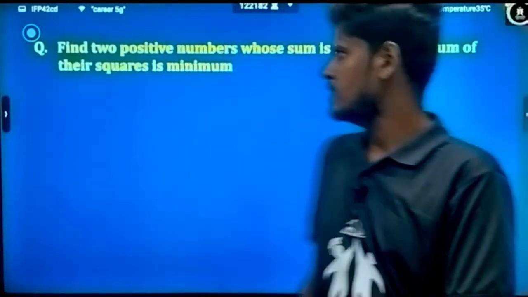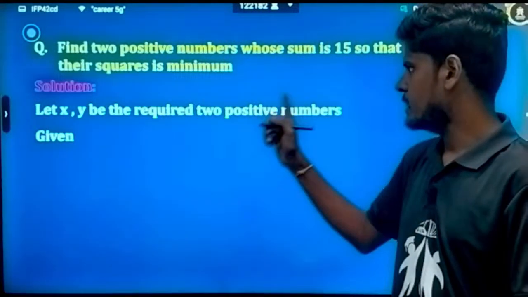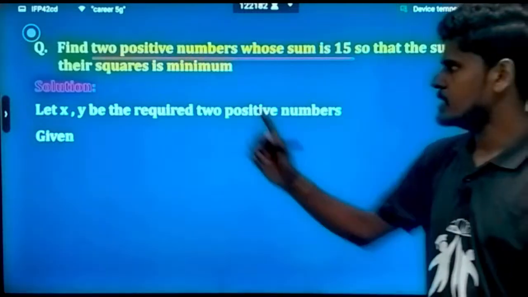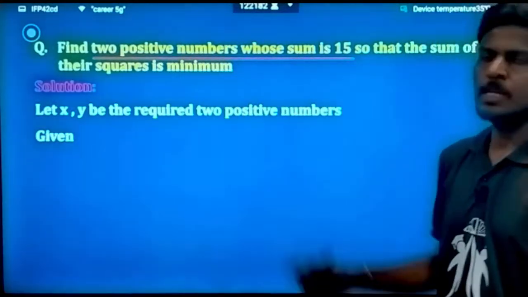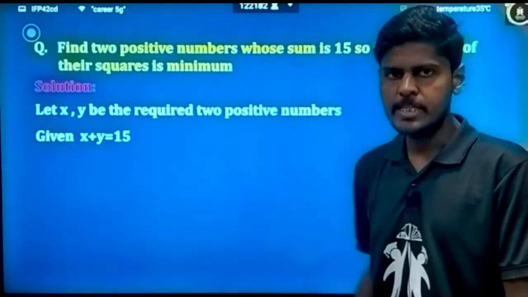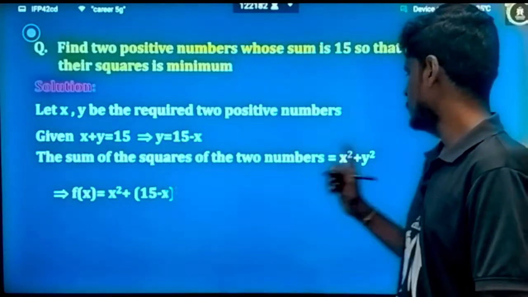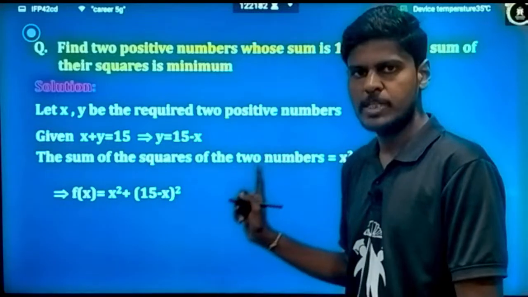Now we will see the solution. X and y are the two required positive numbers. Let's assume that two positive numbers. See the condition, sum is 15. So that means x plus y is 15 and sum of their squares is minimum. Sum of their squares is x square plus y square.